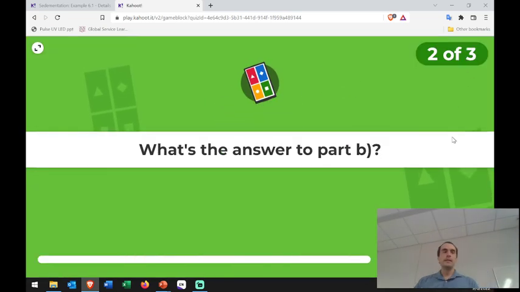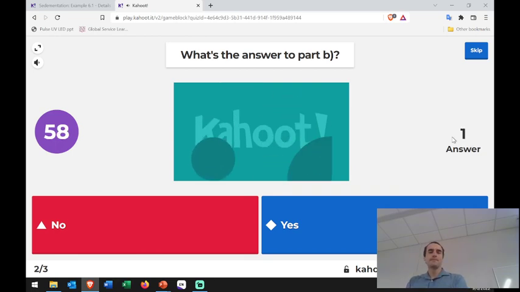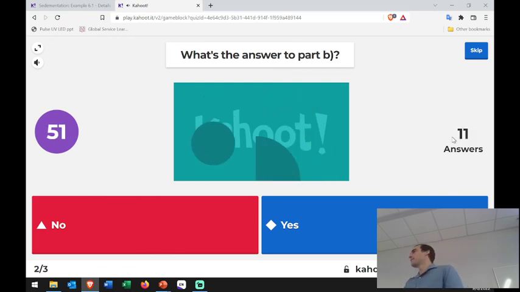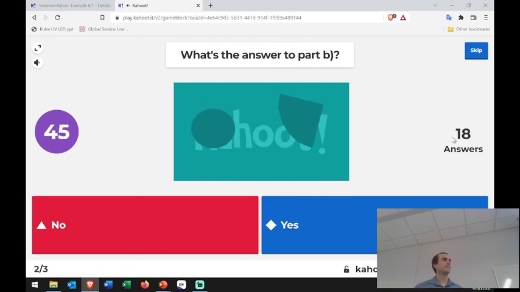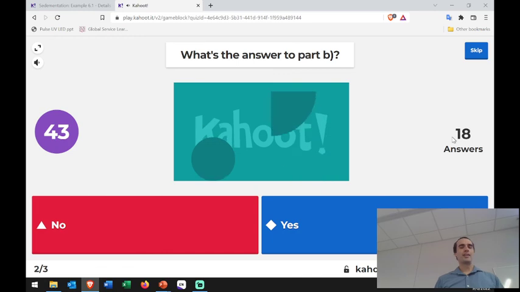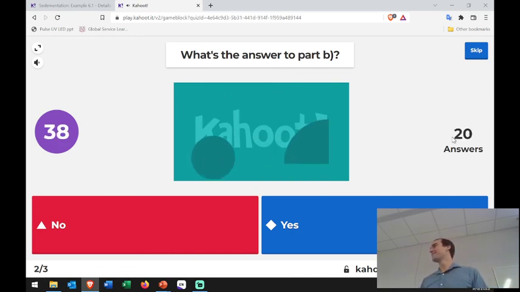Okay, so what did you get for part B? The question is, will it remove all particles or not? Got 50-50, if you weren't sure.